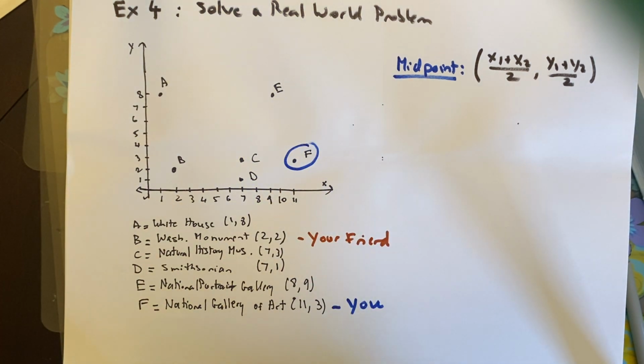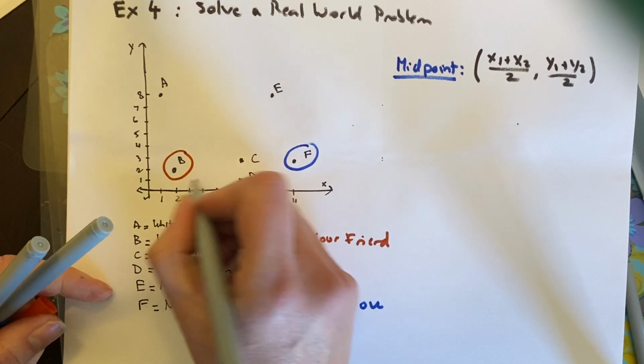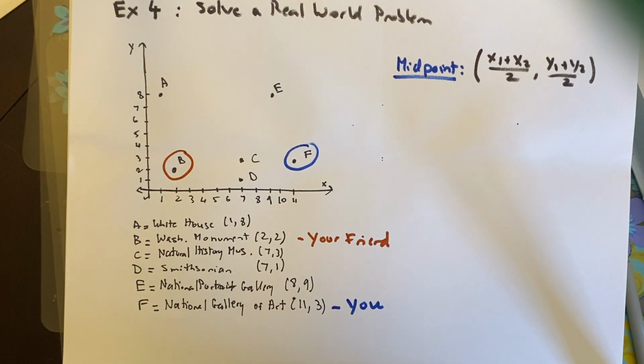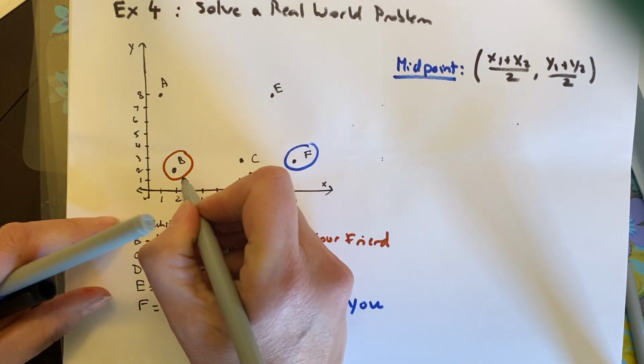So the midpoint of the two locations, and I'll circle them so it's a little bit more obvious, F and B, right? What's the midpoint between those two? That's what we're trying to figure out.